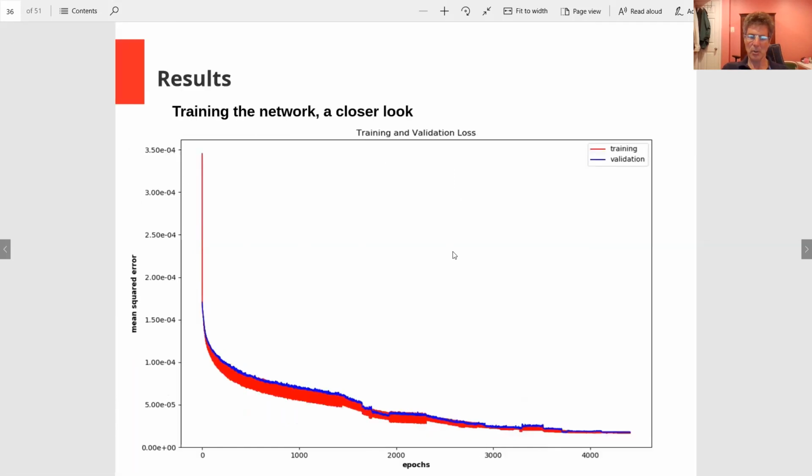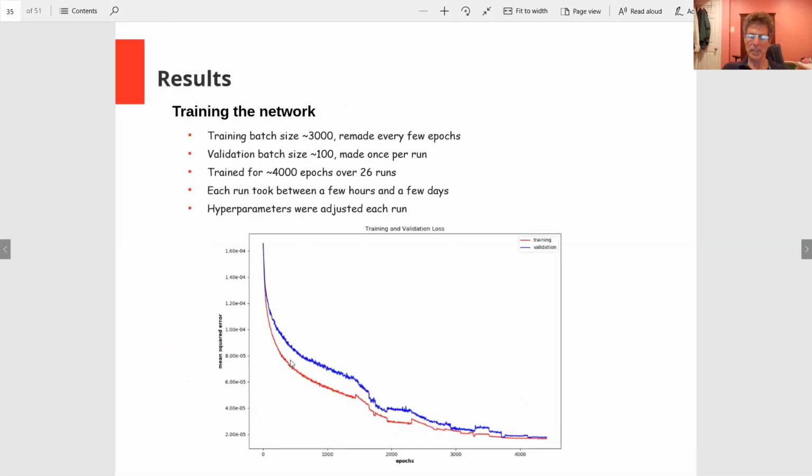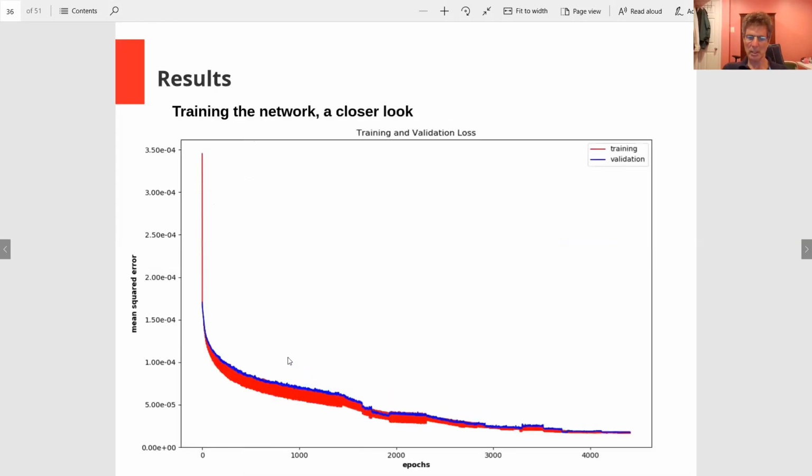And so going back here, the reason you don't see the zigzags is that I've actually just filtered them out. I'm taking the low of the few epochs to display here. But in reality, the training went like that.